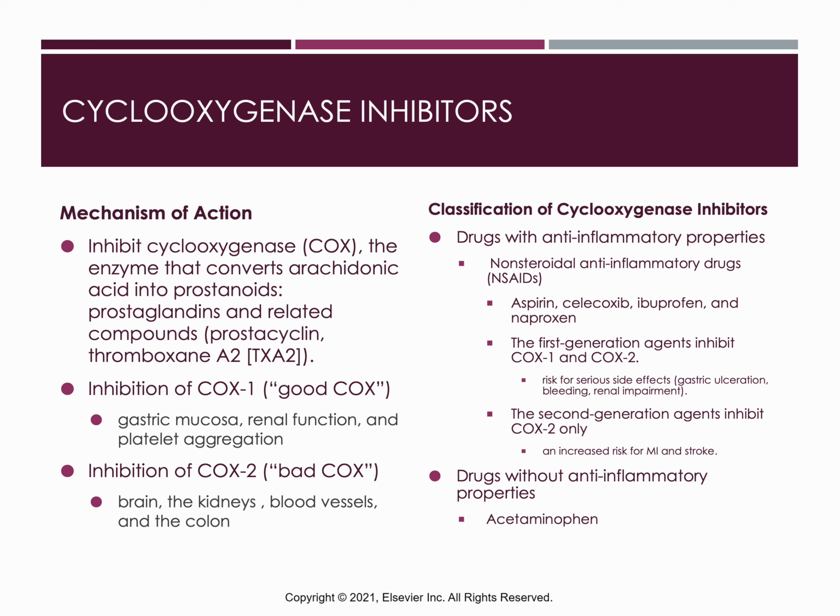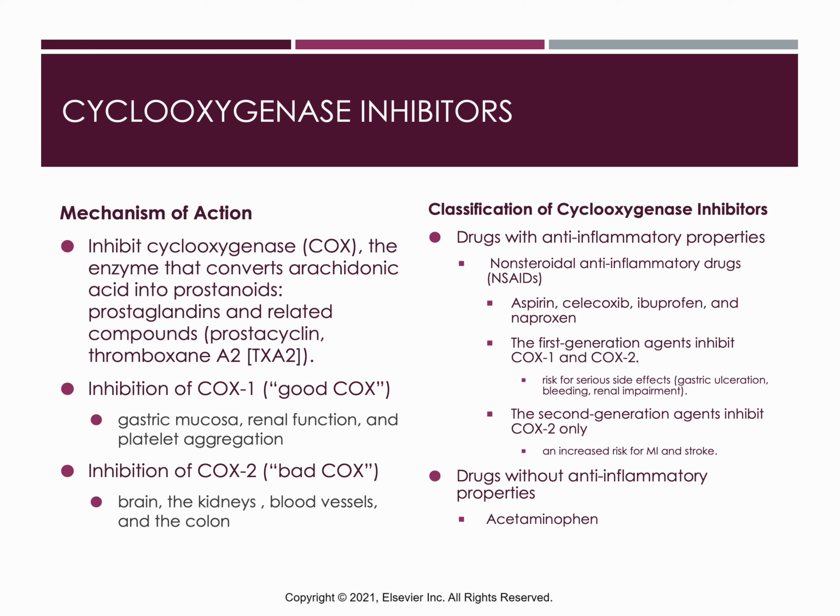With this understanding, we need to appreciate that prostaglandins, prostacyclin, and thromboxane A2 all act locally, and the compounds don't affect sites that are distant from where they're made. So they are acting independent of the other areas where COX can be found in the other tissues.